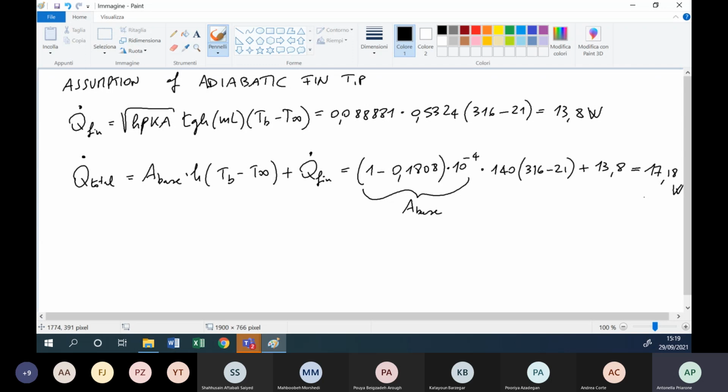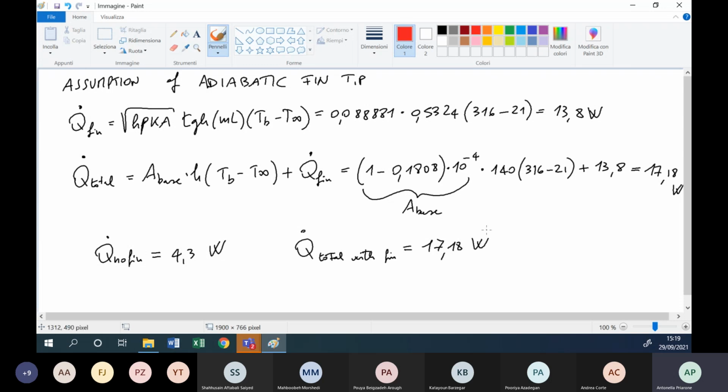If I compare this value, so the Q no fin was equal to 4.3 watt, the Q total with fin was equal to 17.18 watt.